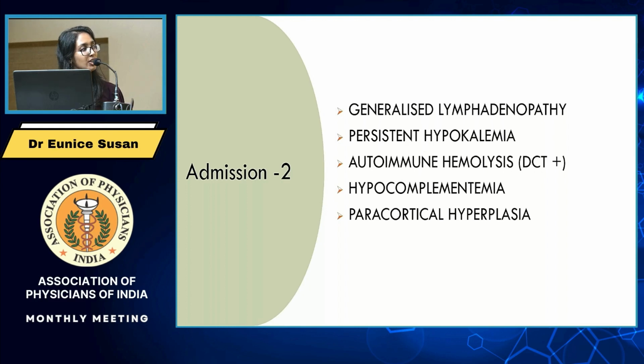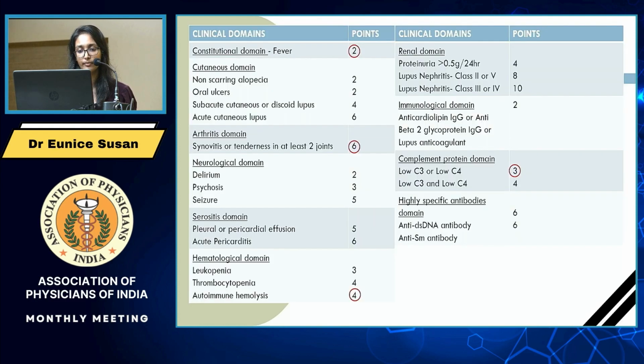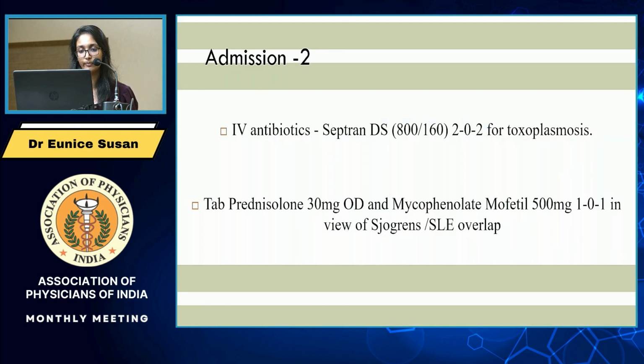I would like to mention here that there has been one study which has shown that in a few cases of lupus, paracortical hyperplasia has also been found. So we considered the EULAR criteria at this point, and the patient was satisfying 13 points. More than 10 points is diagnostic, so we considered a possibility of SLE diagnosis at this time.